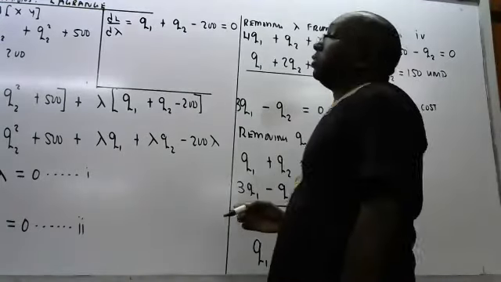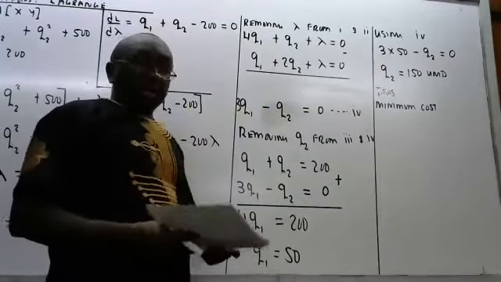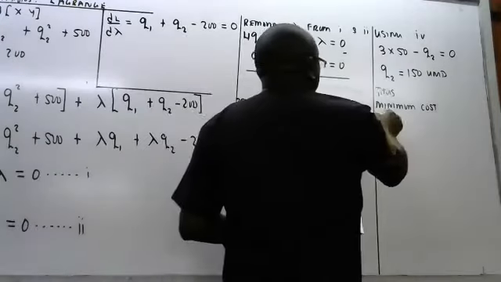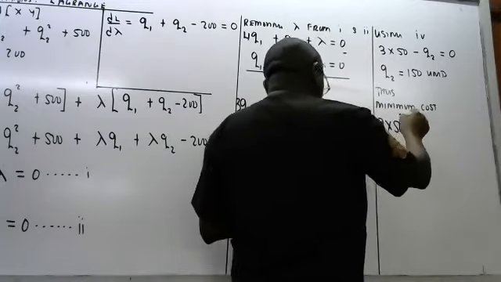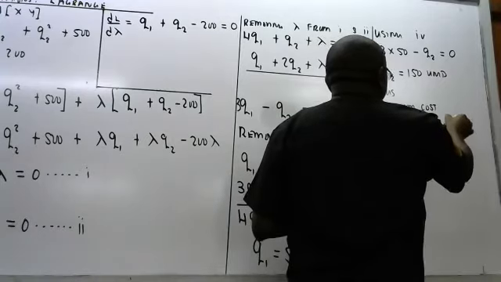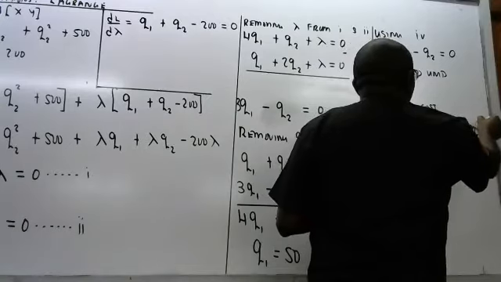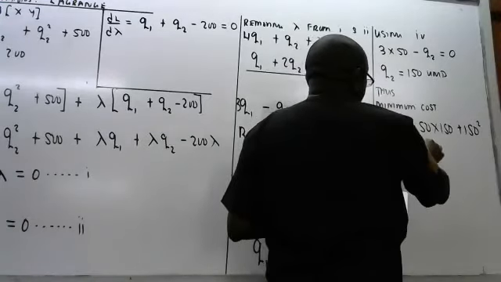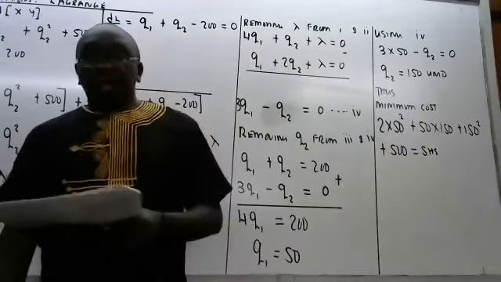So these values, you put them in the equation for the cost, the one that we had begun with, which was 2Q1 squared, so it will be 2 times 50 squared plus 50 times 150 plus 150 squared plus 500. Compute that and tell me how much will be the cost.